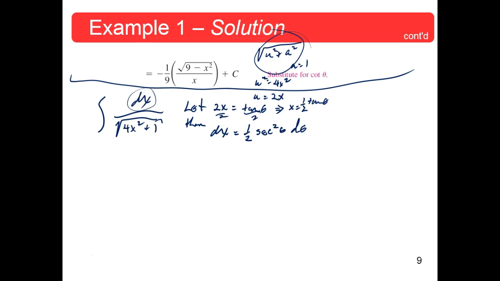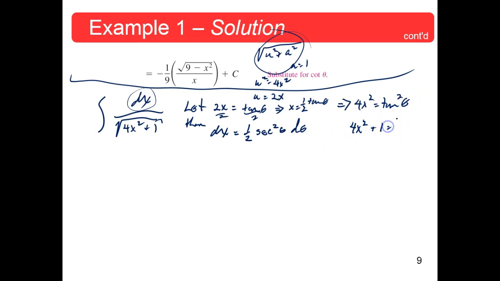Now let's take care of the radical down there. If 2x is equal to tan theta, 4x squared is the square of that. So 4x squared is equal to tangent squared theta, right? Square 2x, you get 4x squared. Tangent theta, you get tangent squared theta, right? Now, what's under the radical here is 4x squared plus 1.